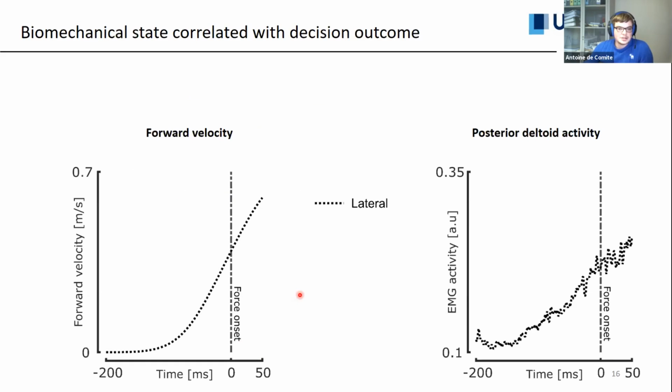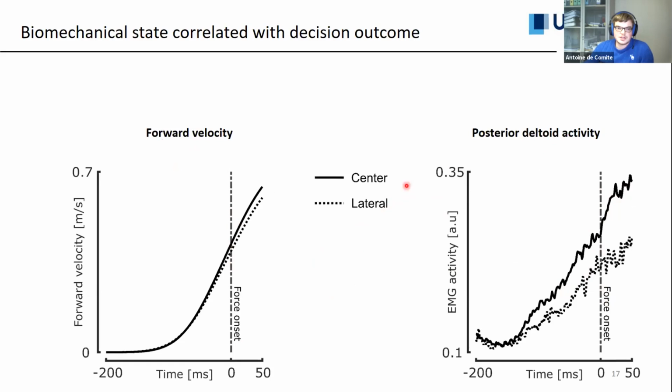Here are the traces for forward velocity and posterior deltoid activity for the lateral target. What is surprising is that if we look at the same data for the trials that reach the central target, we observe an increase in these two parameters. Specifically, we observe an increase in the activity of the posterior deltoid.